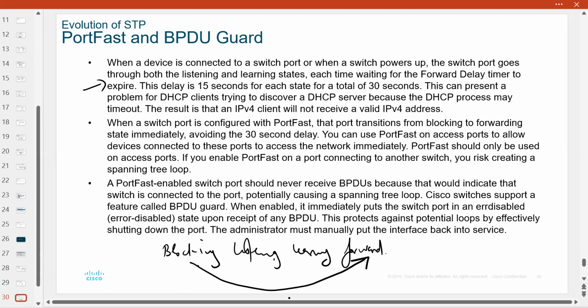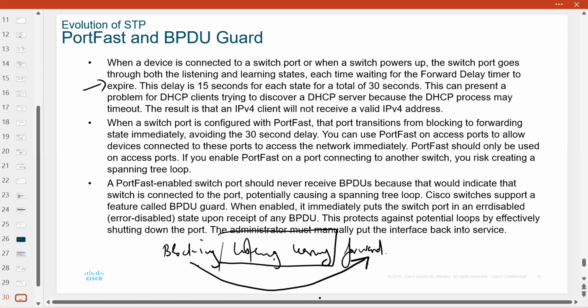When a device is connected to a switch port, the switch port goes through both listening and learning states. We know that. Each time it waits for the forward delay timer to expire. This delay is 15 seconds for each state, for a total of 30 seconds. So going from blocking to forwarding, through the listening and learning states, I have 30 seconds.